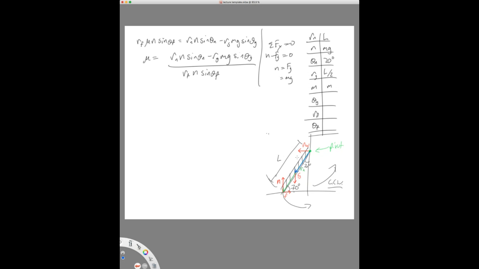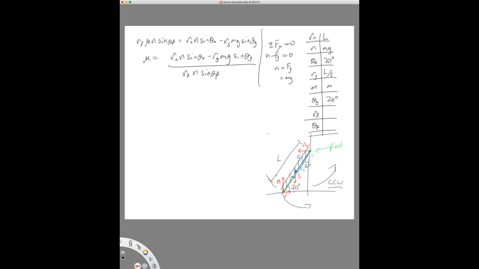So Rg, that's the L over 2. And the angle between that one and the force of gravity, I'm looking at this little angle here. That's going to be 20 degrees. Or you could call it 160 degrees if you want to get the big exterior angle.